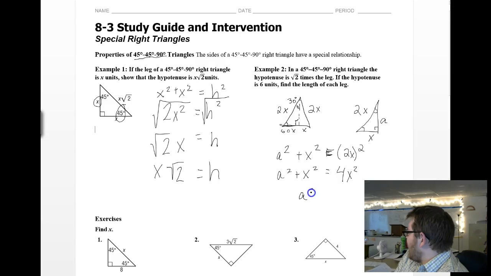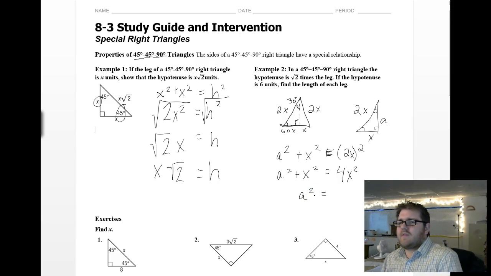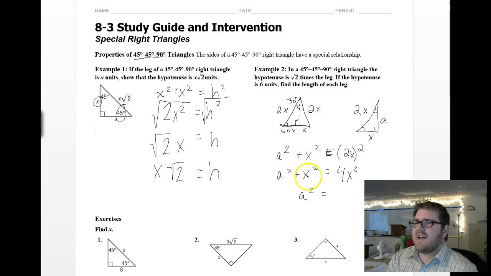So what would a squared equal? How would I figure out what both sides equal here? I would subtract x squared from both sides. So x squared minus x squared cancels out.